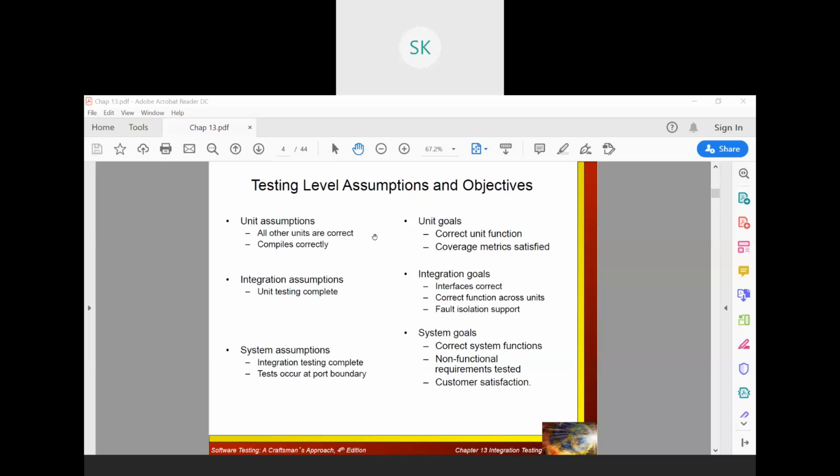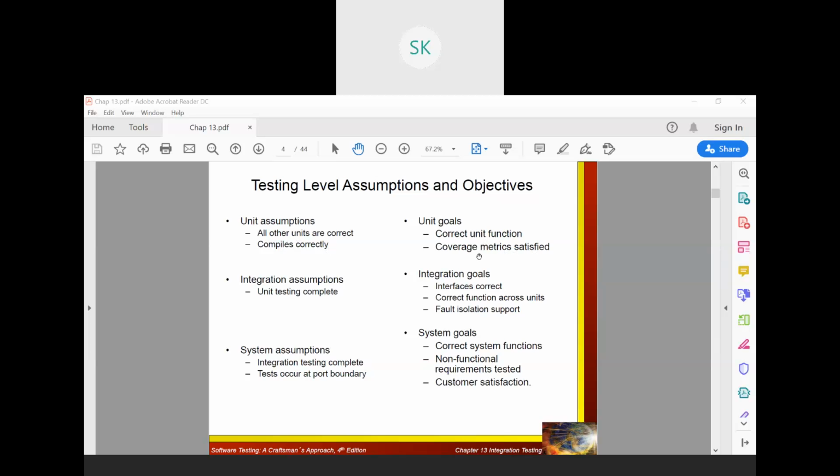Okay. So testing level, assumptions and objectives. What are all the assumptions that we make, and what are the objectives or goals that we will be achieving? Unit testing assumptions: all other units are correct, and it compiles correctly. Every module, each module, you'll be testing separately, and each one of them will be a correct one. What is the goal of it? Correct unit functionality, coverage metric satisfied.